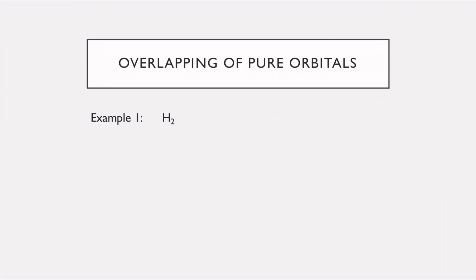So I'm going to show for hydrogen first. For the formation of bonds in the hydrogen molecule, we will start with the Lewis structure of the hydrogen molecule. The Lewis structure for the hydrogen molecule is like this.